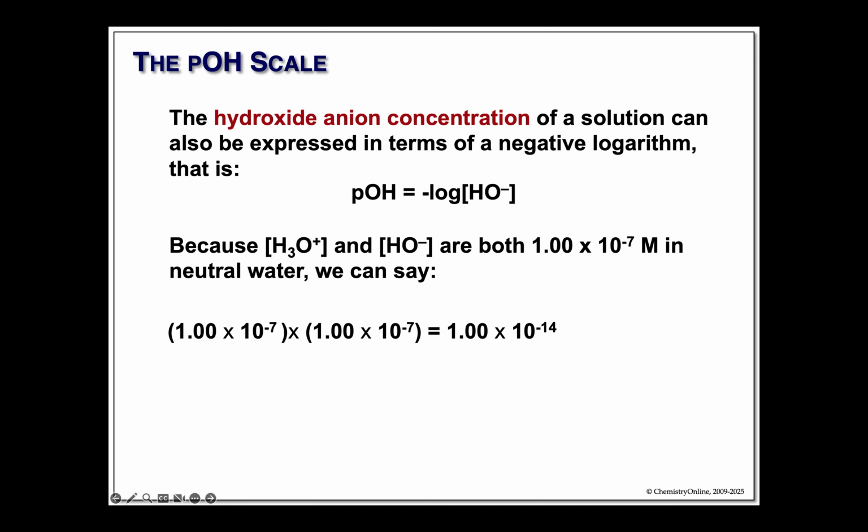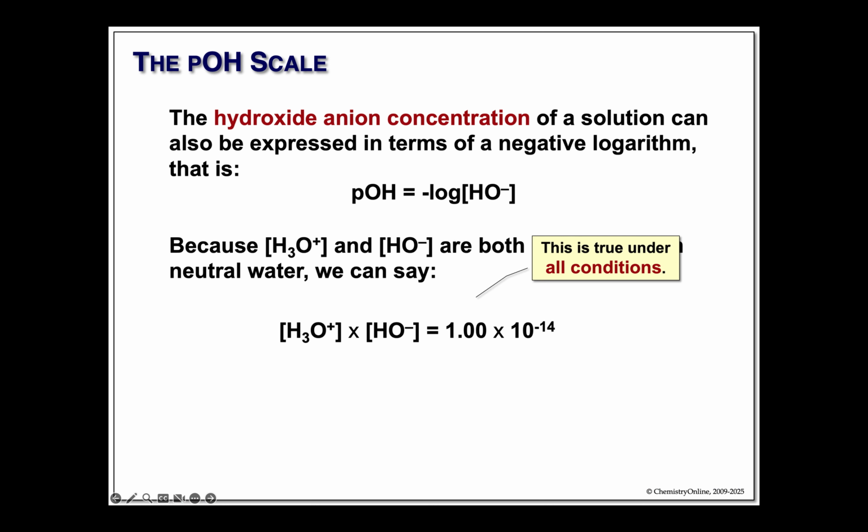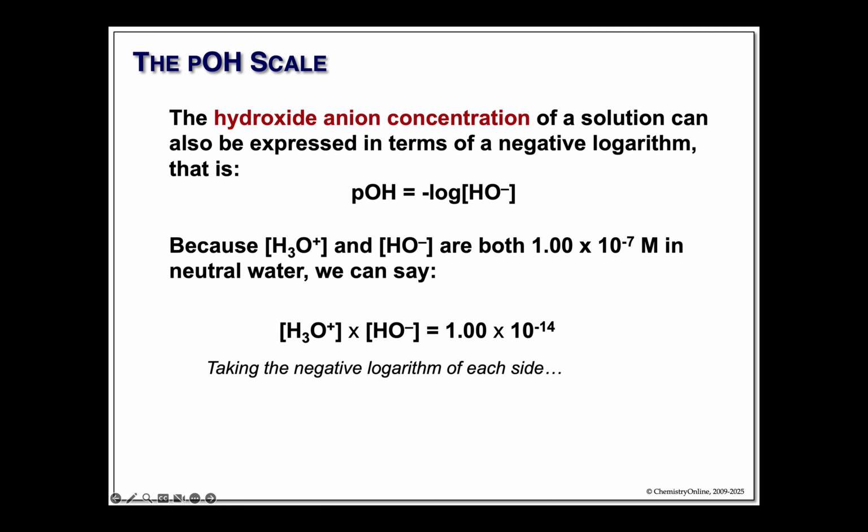Now let's do something that sounds strange. I'm going to take this equation and I'm going to take the negative logs. Hydronium times hydroxide under all conditions at 25 degrees is 10 to the minus 14. If we take the negative log here, negative log of hydronium is pH. Negative log of hydroxide is pOH.